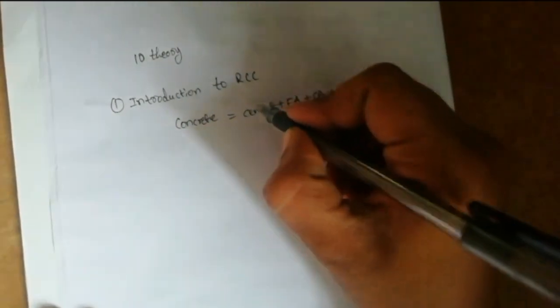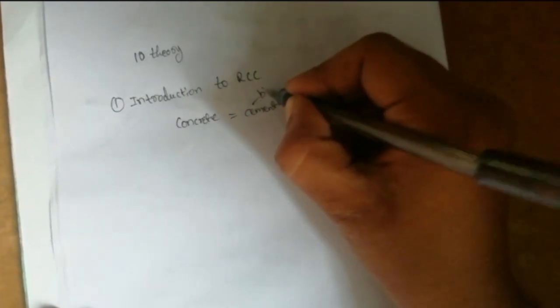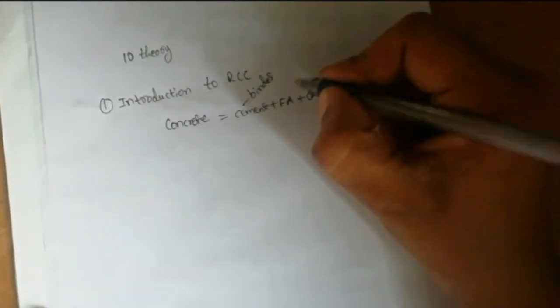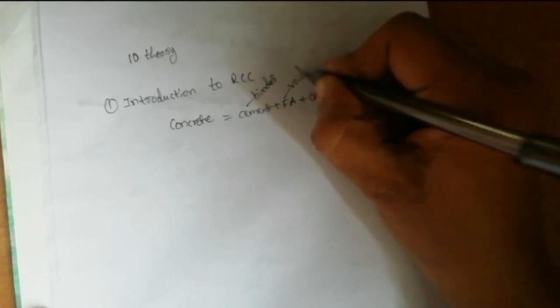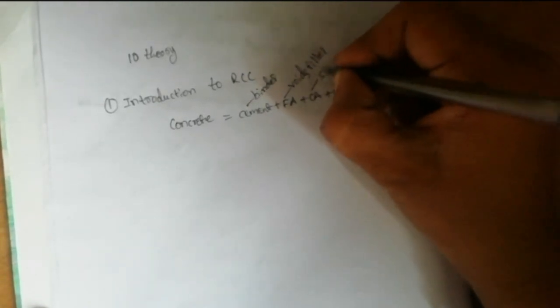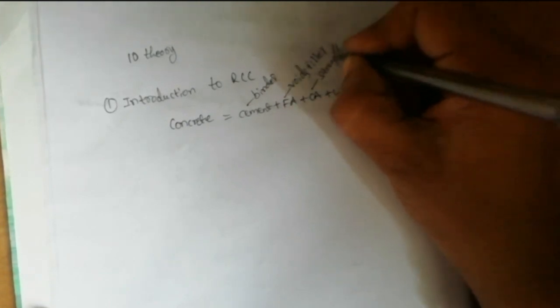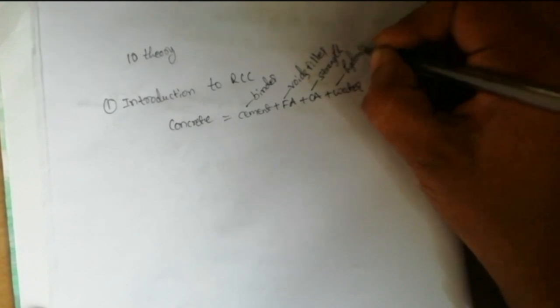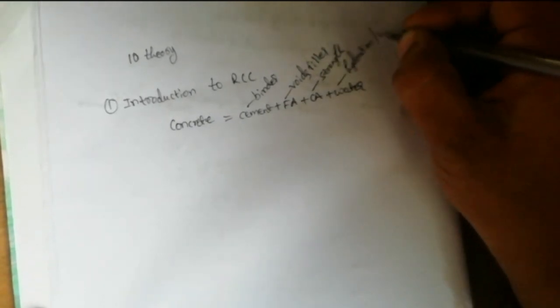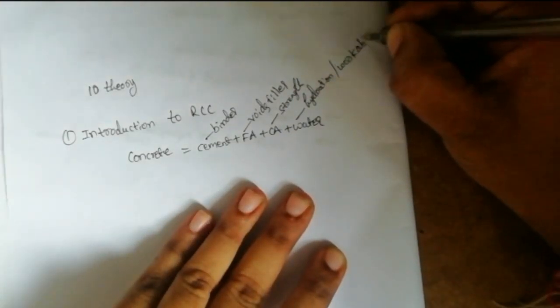Cement is used as a binder. Fine aggregate is a void filler. Coarse aggregate gives strength to the concrete. And water is used for hydration purpose and workability purpose.